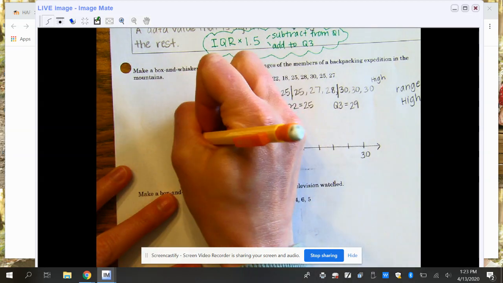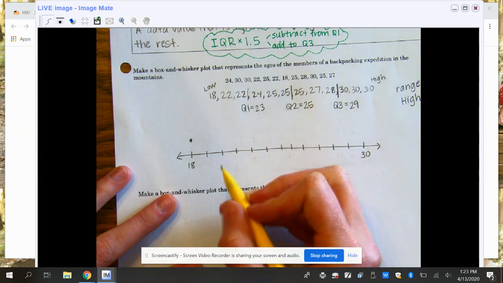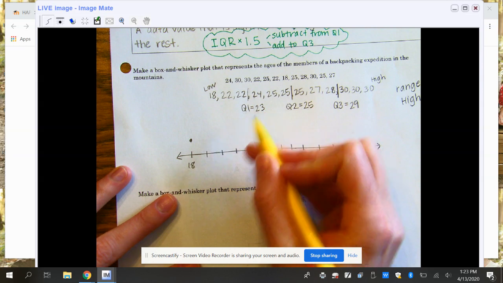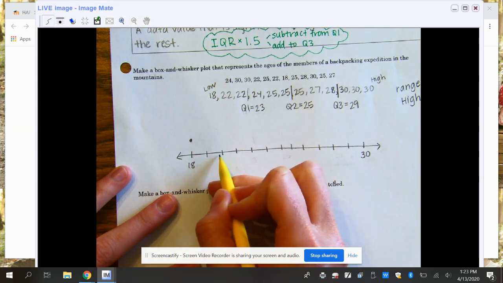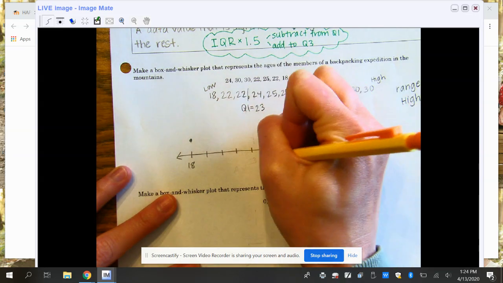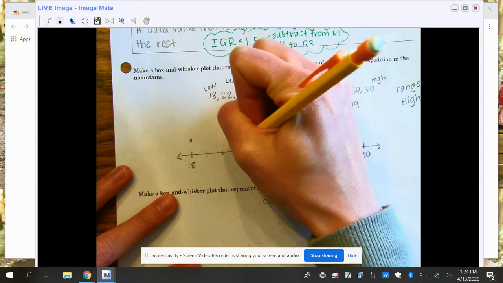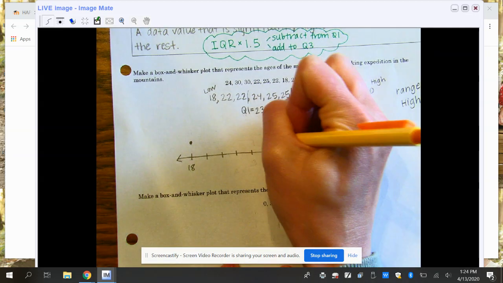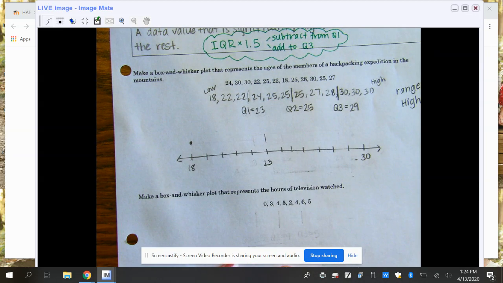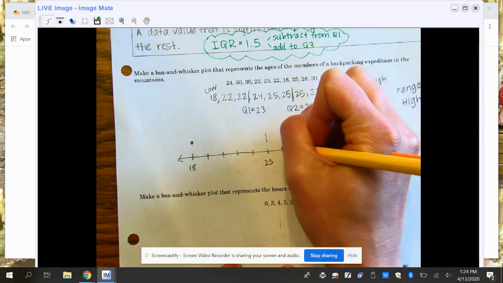All right, and so then we're gonna plot everything that we found. So my lowest value is 18. My first quartile is 23, so 18, 19, 20, 21, 23. And then, so I'm going to draw that first little line right there. And then Q2 is 25.